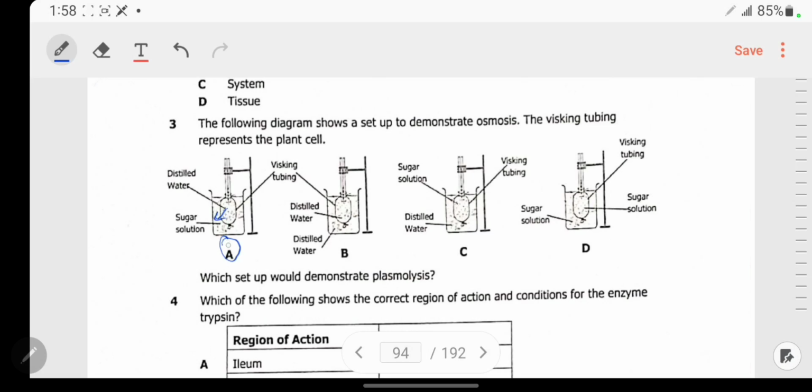So our correct answer is A. That's where we have sugar solution. If you look at D, we have sugar in both. This one is an isotonic solution, meaning the net flow will be inside and outside, which will not cause plasmolysis, but plasmolysis will be caused by A.